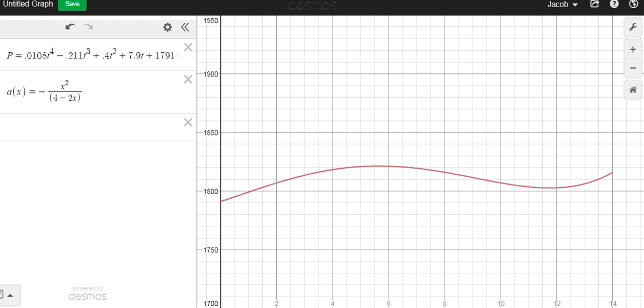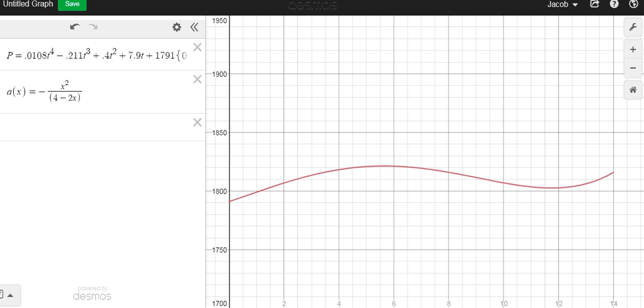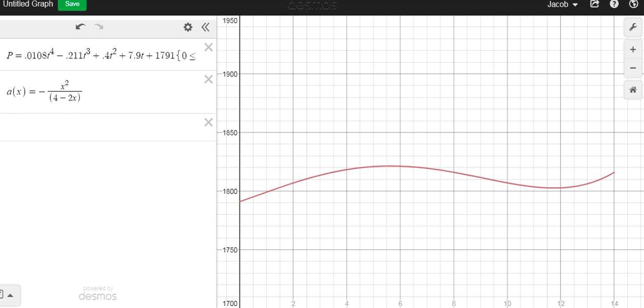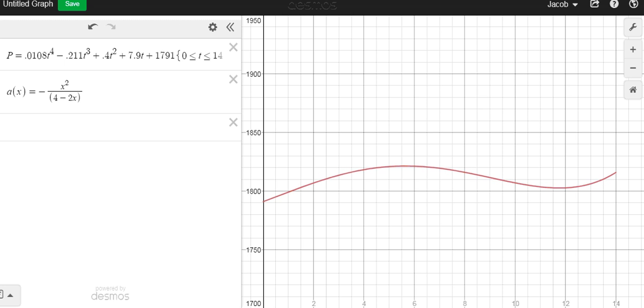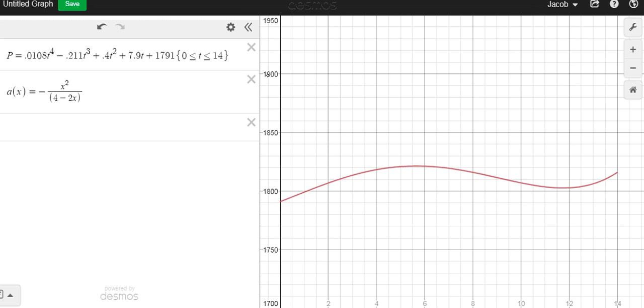All right. Now, what I put in here, let me. Okay, that's what I typed in there. This part right here is the equation that they gave me. This part right here is the domain that they gave me.